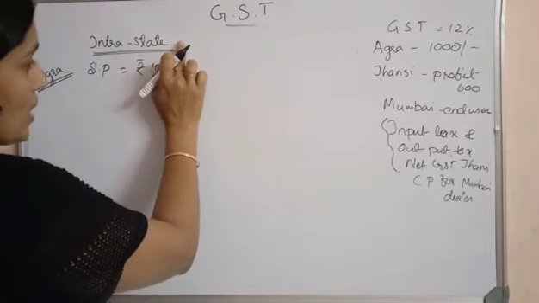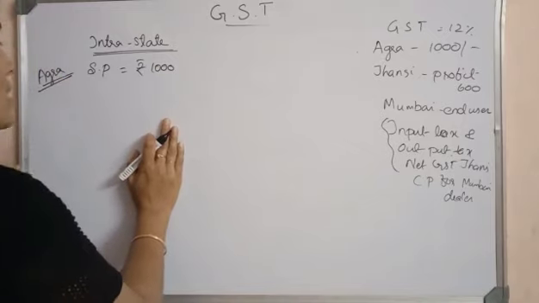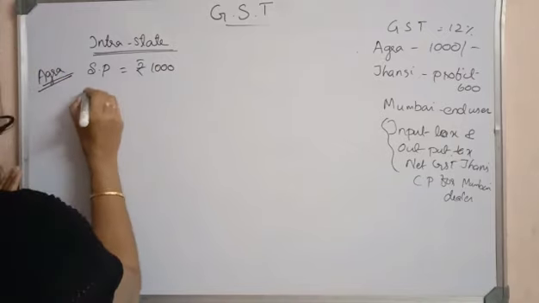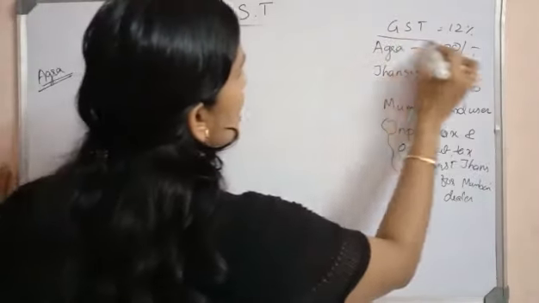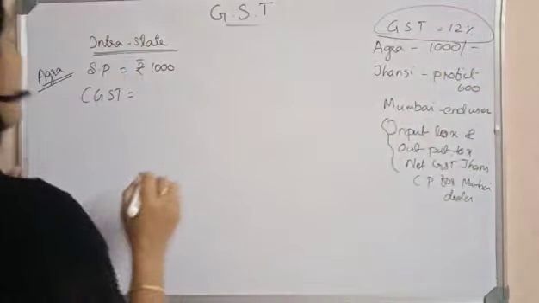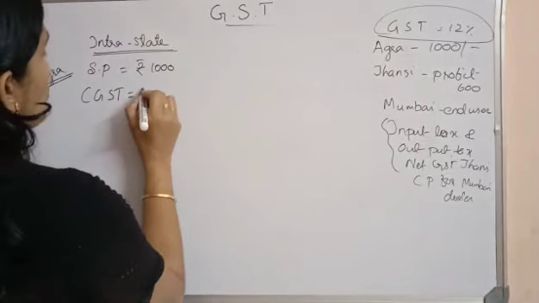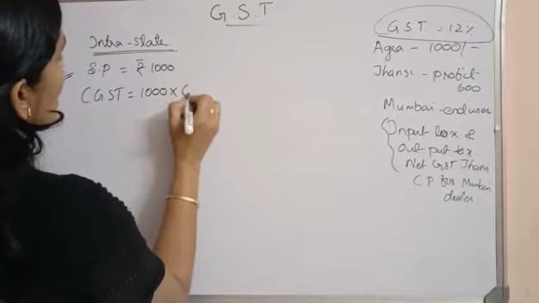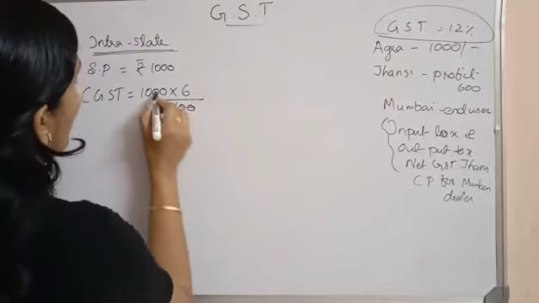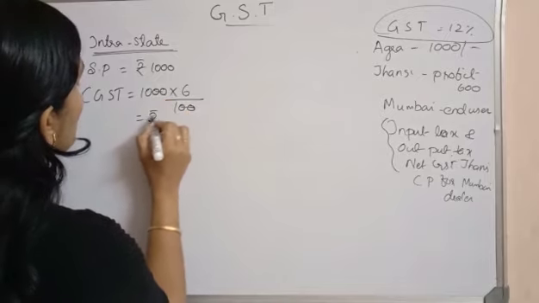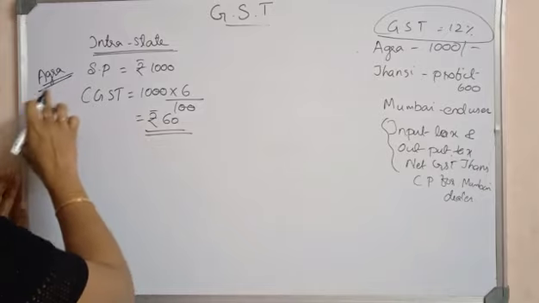Since it is an intra-state transaction, we need to find the CGST as well as the SGST. So CGST is equal to, here it is given that the GST rate is 12%. Therefore, CGST is 6% of the selling price, that is the selling price into 6%, and that is rupees 60. 60 is the CGST paid by the dealer of Agra.